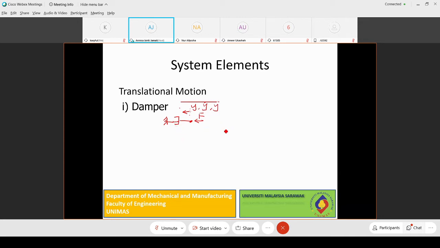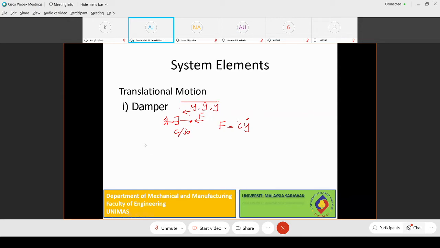The force obtained from this damper would be F equal to the constant for the damper, which can be C or c. I might use either interchangeably. So here F equals C y dot.